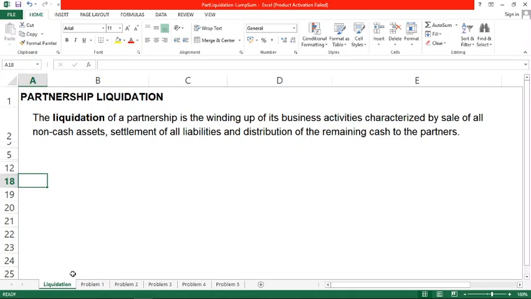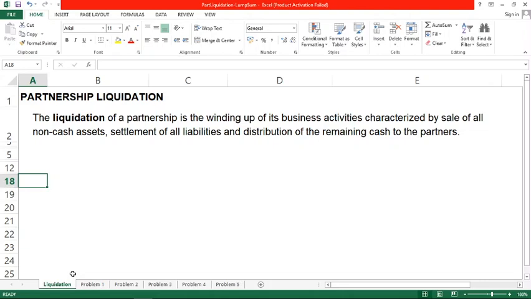Whereas in liquidation, this is sometimes called the termination of the partnership. Termination in the sense that after this process, there would be no more partnership. And this is also defined as the winding up of the business activity. So winding up is the same as termination.